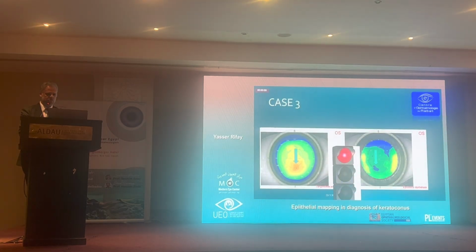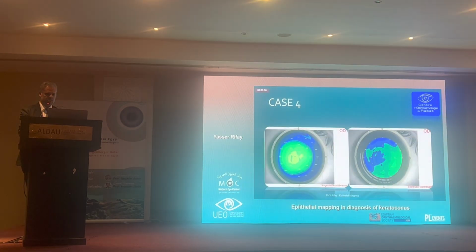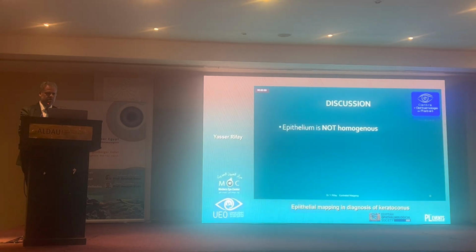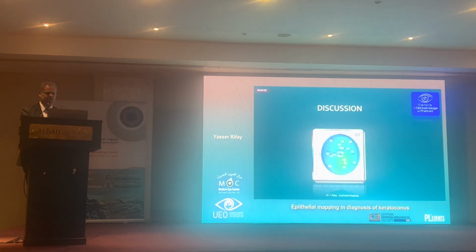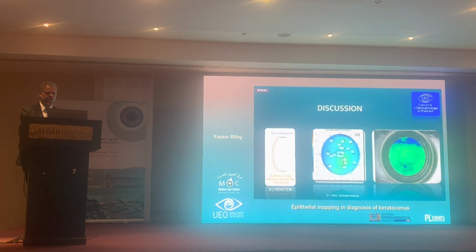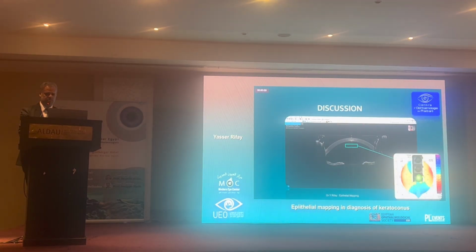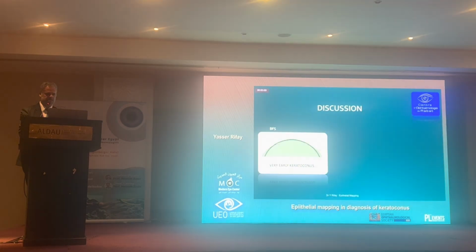I want just to show you one drawing. So it's not homogeneous. Irregular stroma will give irregular epithelium. And when we have irregular epithelium, it means there is an irregular stroma. So here, what I want to show you is this.